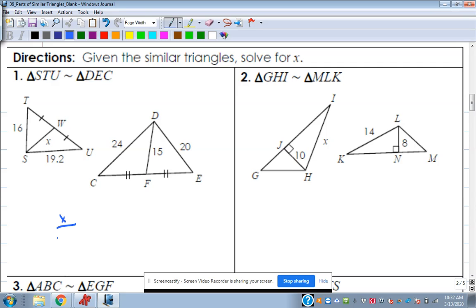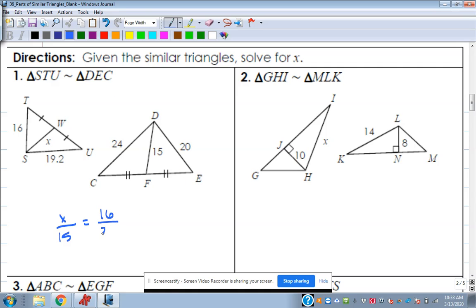So X over 15, and then let's get a corresponding side set. 16 over 24, or no, I put X on top, so we have to come from that one. TS is 16, so where does it correspond to in the other triangle? 20, DE.